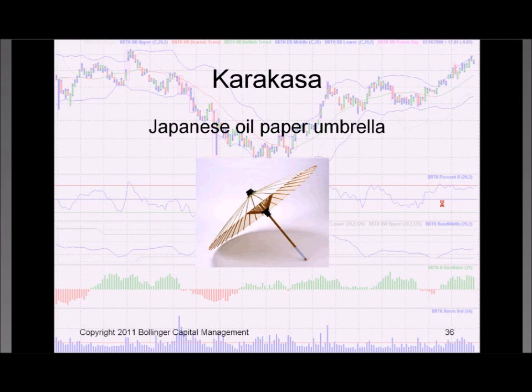And whenever it rains or even on sunny days, you will see these umbrellas all over Japan. The women especially like to walk out when it's sunny using these parasols or karakasas as sunshades. So you see these very, very commonly in Japan.